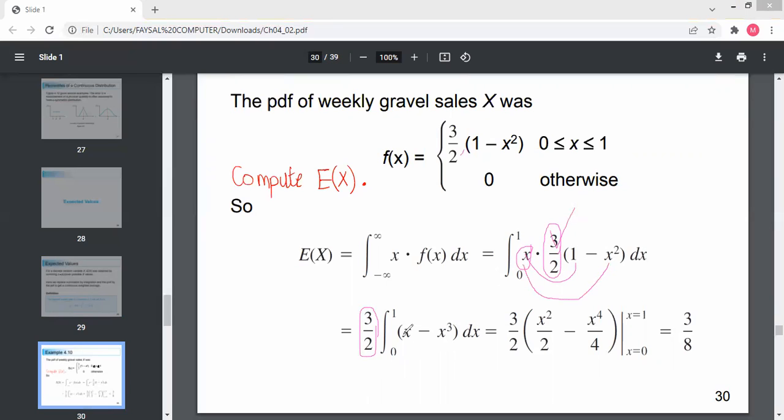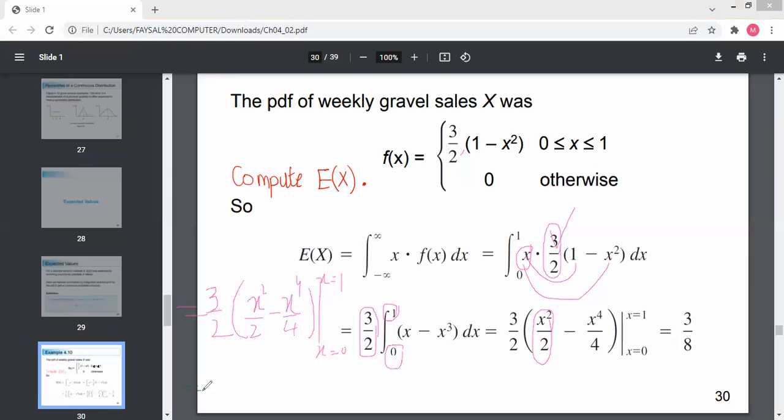So it will be x minus x cube, which integrates to x square divided by 2 minus x to the power 4 divided by 4, with upper limit 1 and lower limit 0. Again, it is 3 upon 2 times (x square upon 2 minus x to the power 4 upon 4), with upper value 1 and lower value 0.